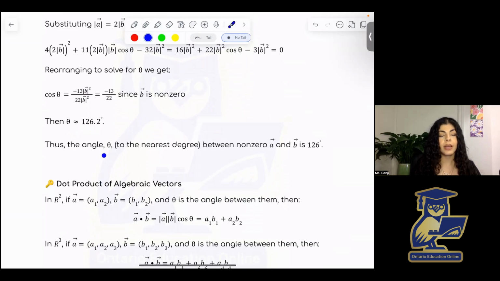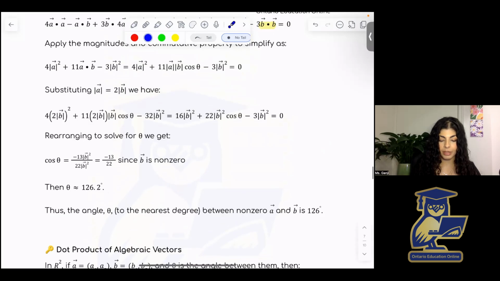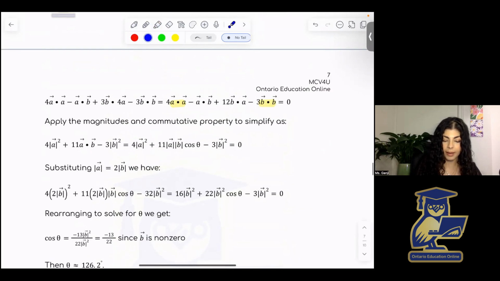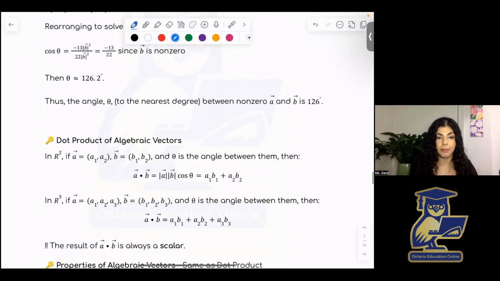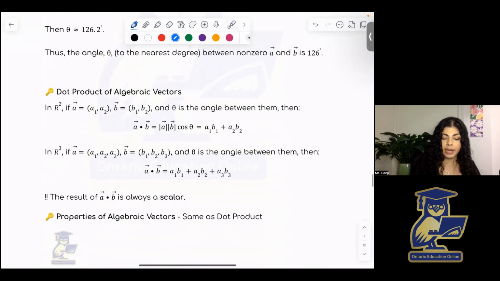So then we say the angle theta between non-zero vectors A and B is 126 degrees. And again, remember, this came from the dot product over here, which was A dot product B, which by definition, theta is the angle between vectors A and B. And now we're going to extend to algebraic vectors.